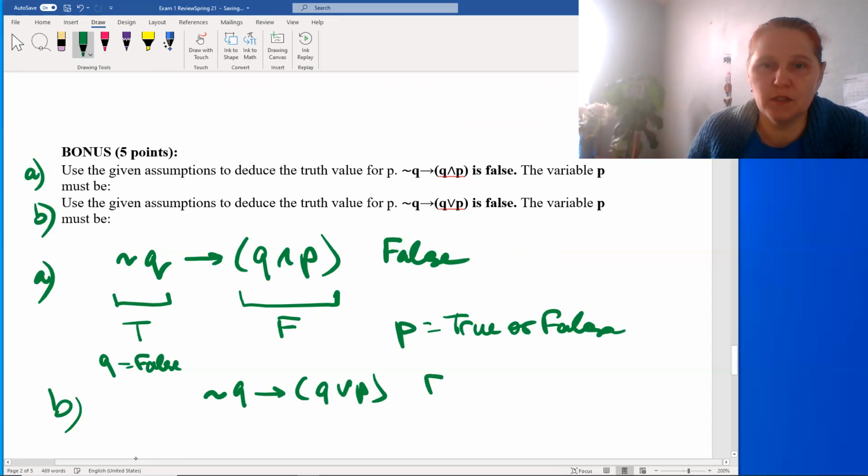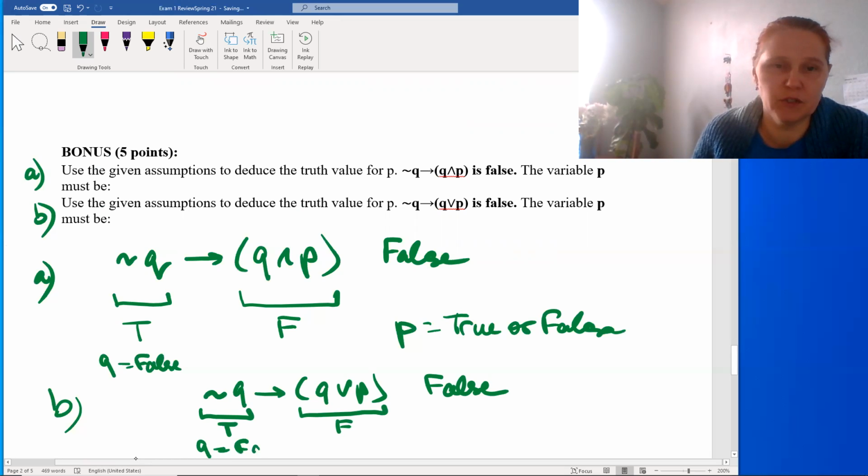Now the second: if not Q, then Q or P. And you know that this is false. It means that this must be true and the right part must be false. So then you know that Q is false, the same as in the first example.